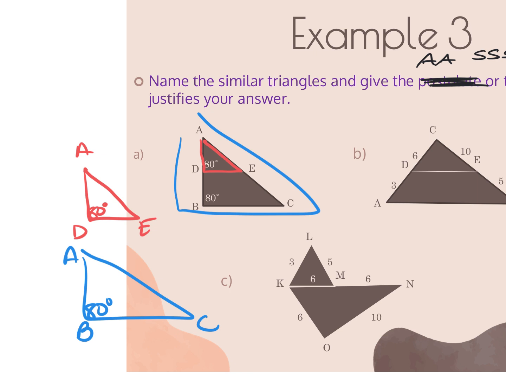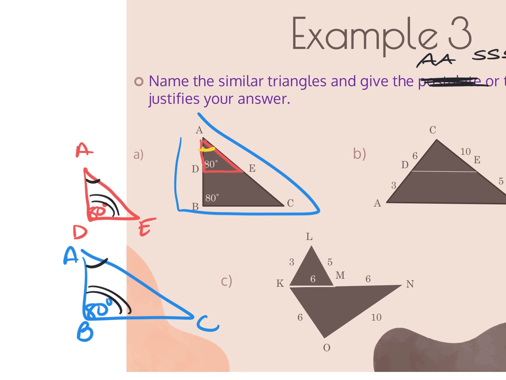So now, I either need to find proportional sides or 2 congruent angle pairs. I don't have any numbers on my sides, but what I do have is that they both share angle A. So I could say that angle A is congruent to angle A, and then I've got the 80s that are congruent. So I do have 2 congruent angle pairs.